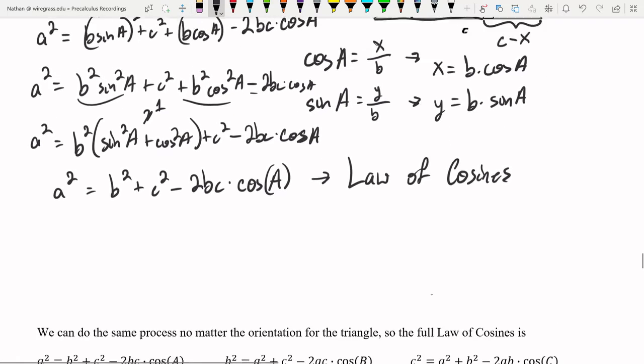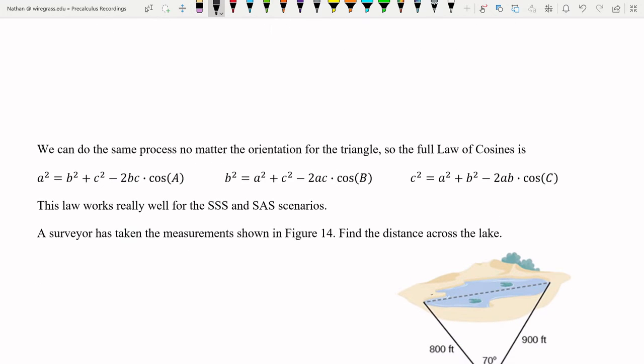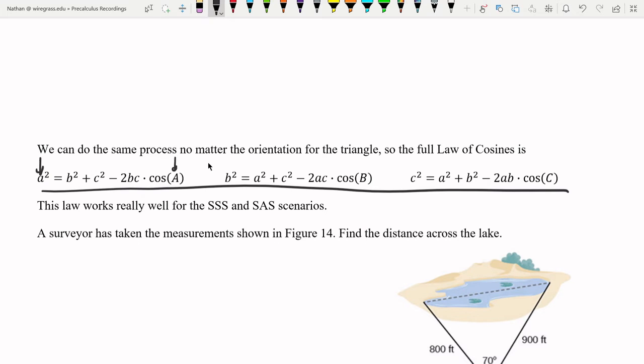Now, I used the orientation of the triangle that was given to me, but you can reorient the triangle and do the same thing. So the full law of cosines is this entire thing, where the most important thing to notice is that the angle of the side length you're solving for is the angle inside the cosine. So if you have b squared equal to, then b is going to be inside the cosine.